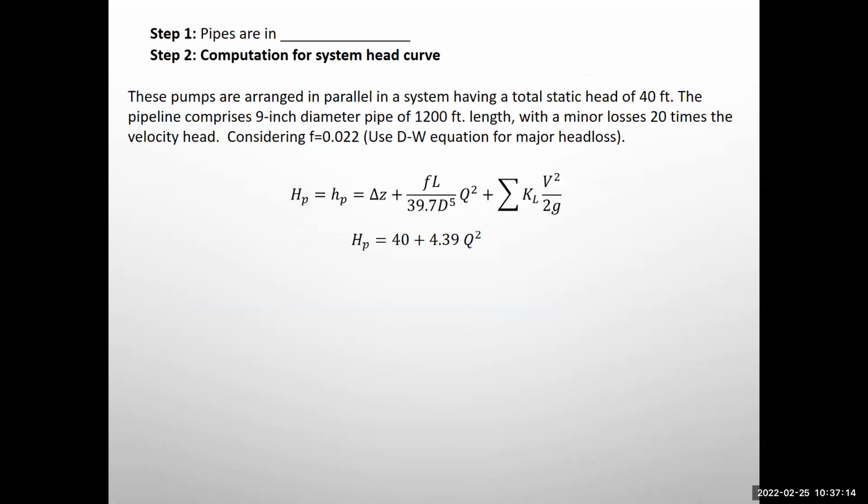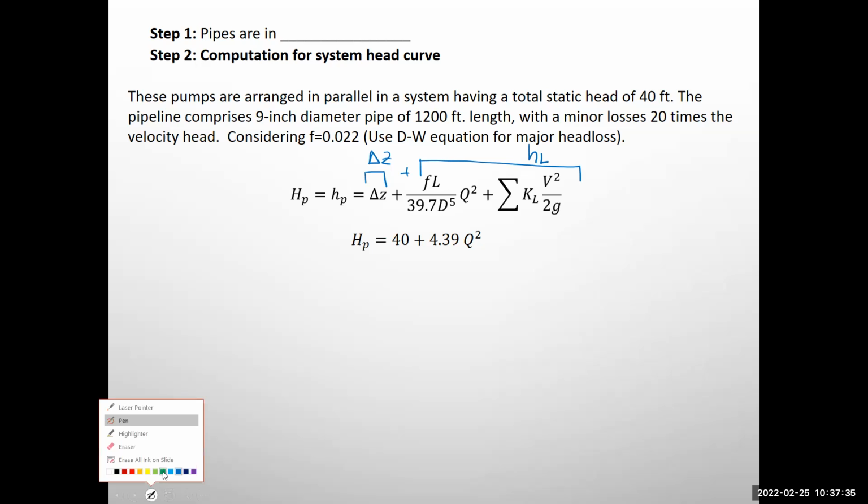So since it's a 2 open reservoir system, you know the H_P will be delta Z plus head loss, right? We already know that. And for head loss, you have major and minor head loss.